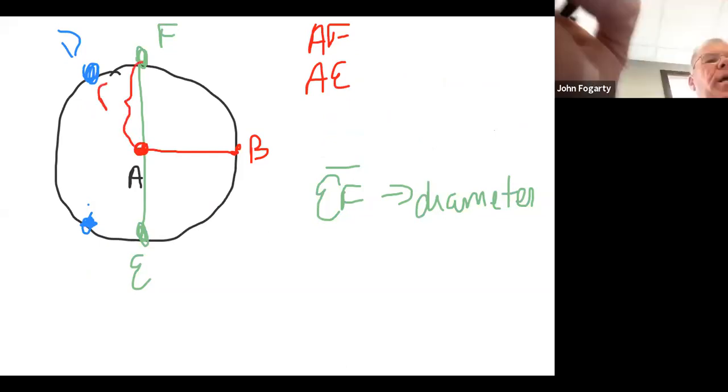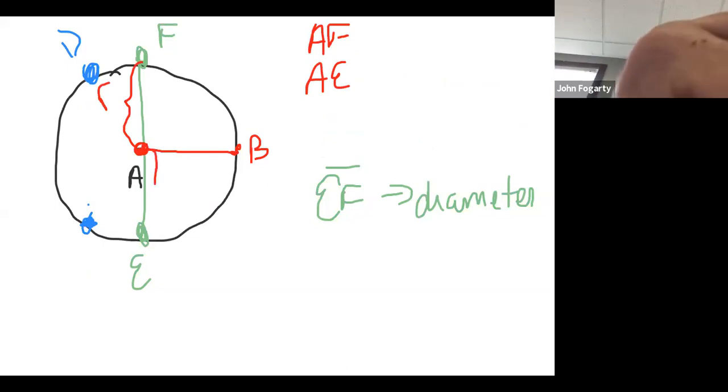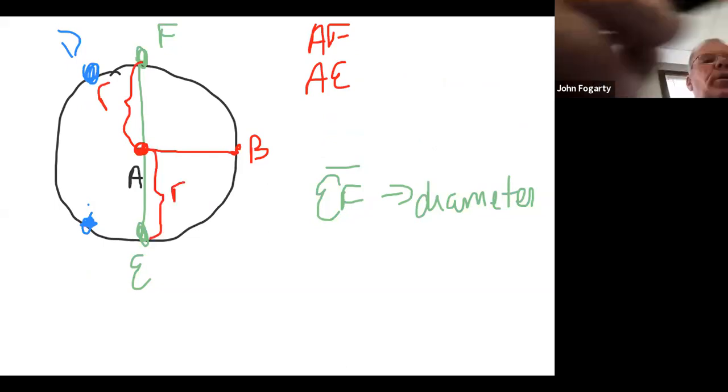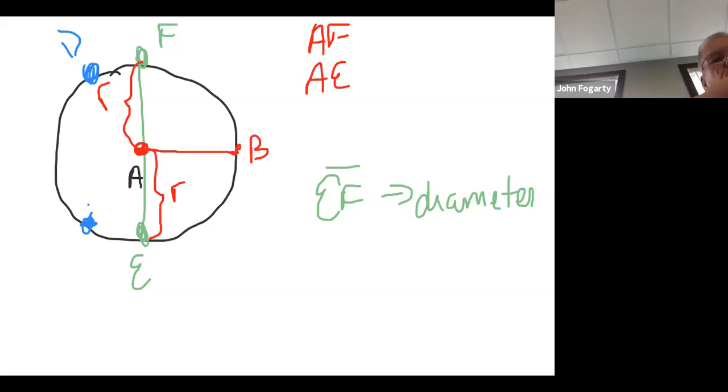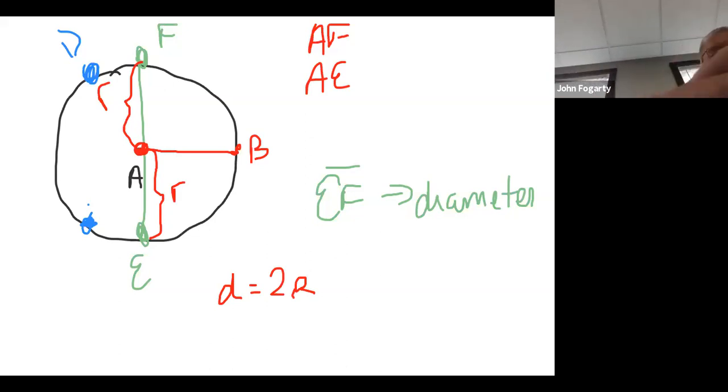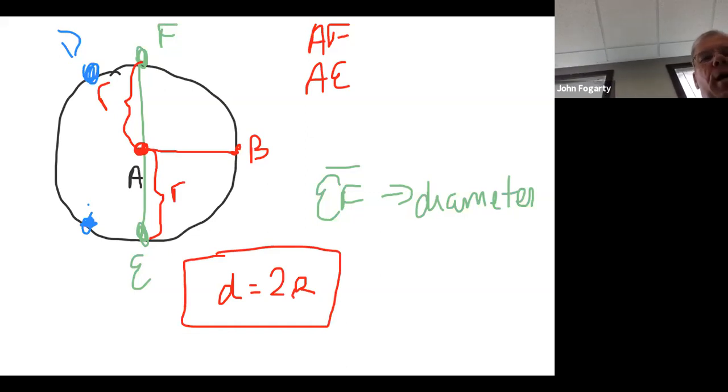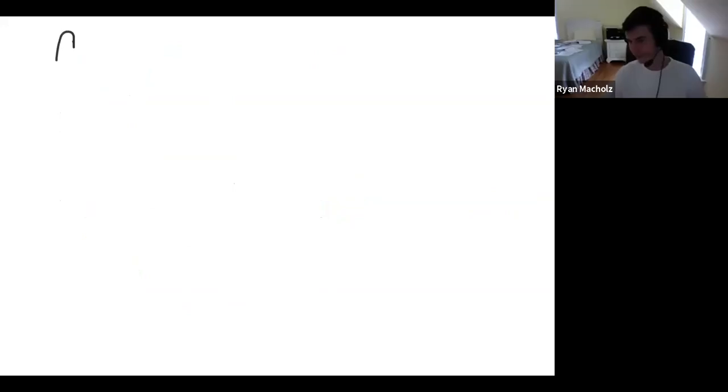You call it a radius. And what do you call this? You call it a radius. So what's the relationship between my diameter and my radii? The diameter is simply 2 times the radius. You just have to remember that until the day you die. That's how important that is. Make sense?